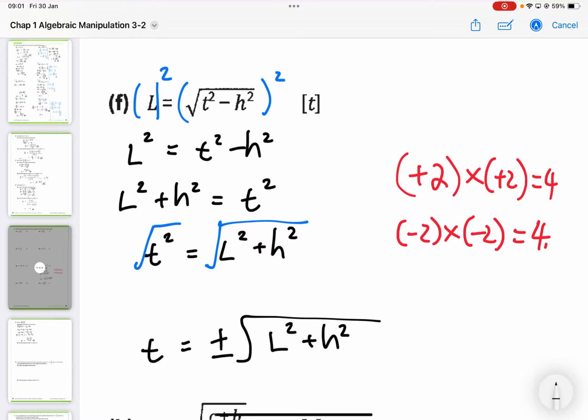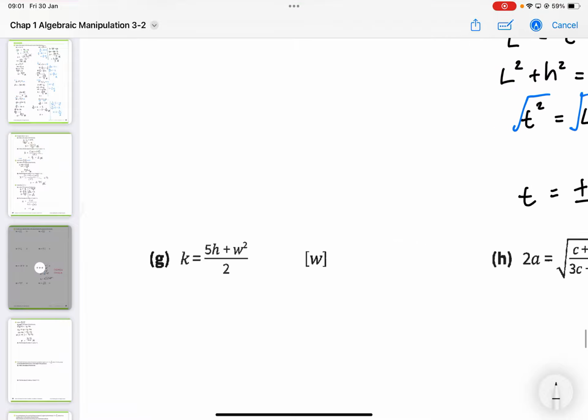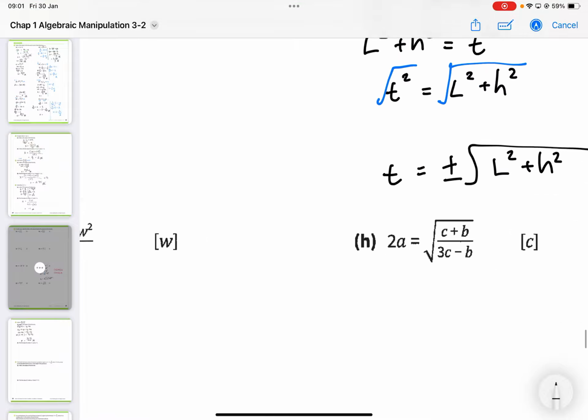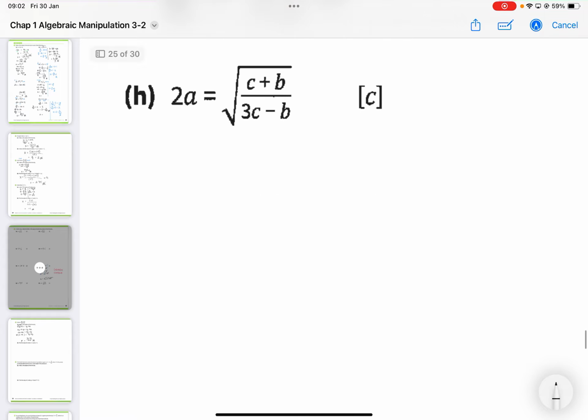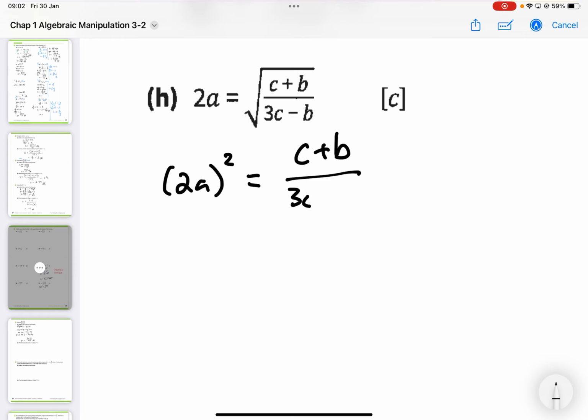Can? Okay, then I do another one that is y'all maybe never see before. Anything else? H. Okay? H also same what? Square first lah. Square first to make the square root go away. Okay?